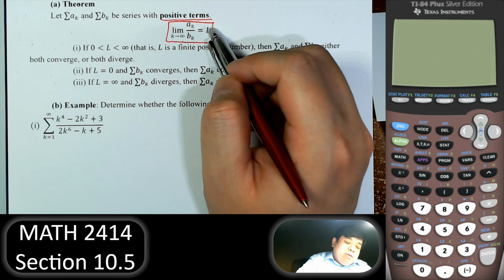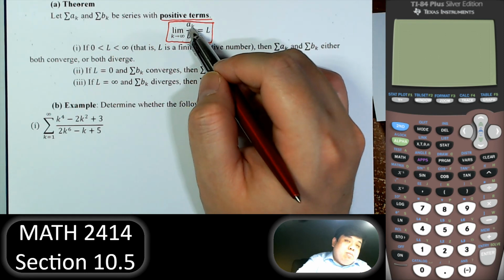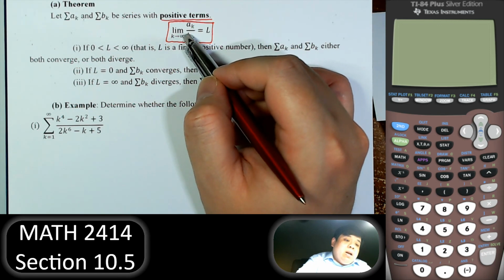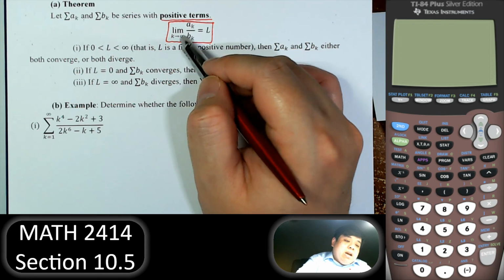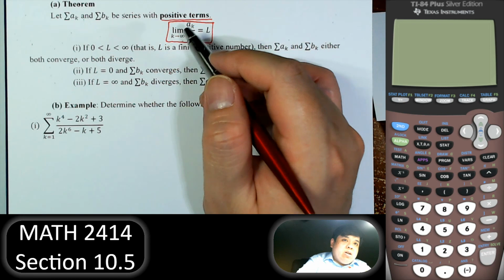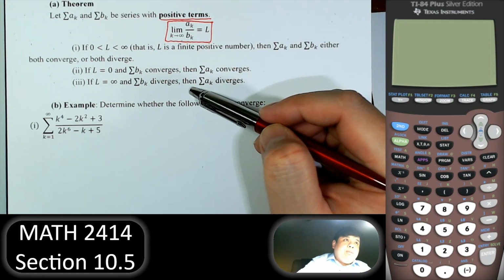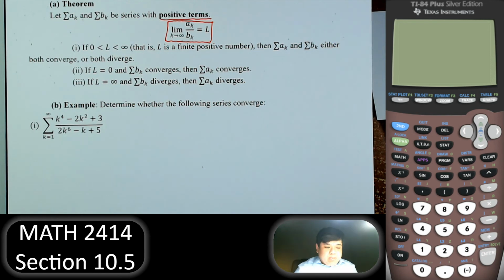Now, if it is infinity, it means the top grows faster to infinity than the bottom. And if the bottom is already divergent, then the top is also divergent. So think about that as a growth rate comparison for these two. Hopefully we have one example like that.